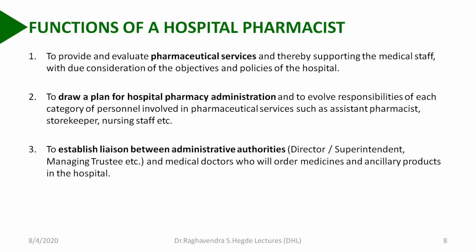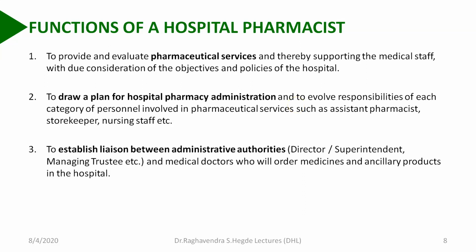Again, the main purpose or functions of the hospital pharmacist: he establishes the liaison between administrative authorities. He may be the director, the medical superintendent of the hospital, or the board of trustees, managing trustee, etc. He maintains the relationship with all of them, and he coordinates all the things for proper functioning of the hospital.